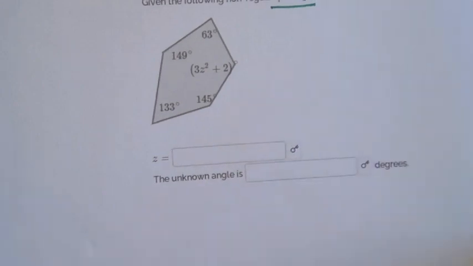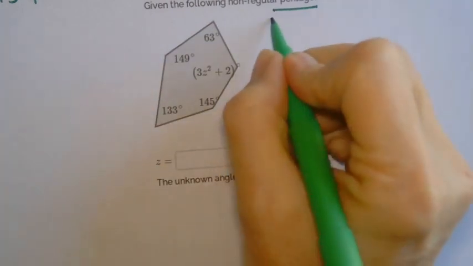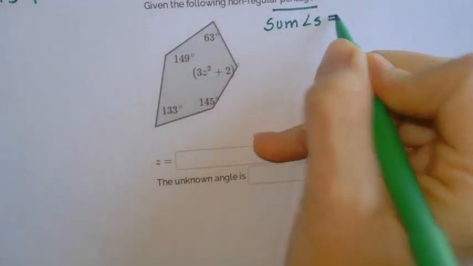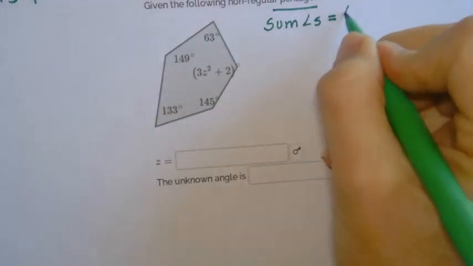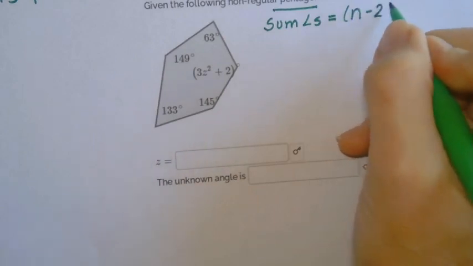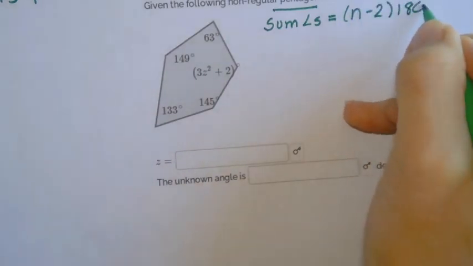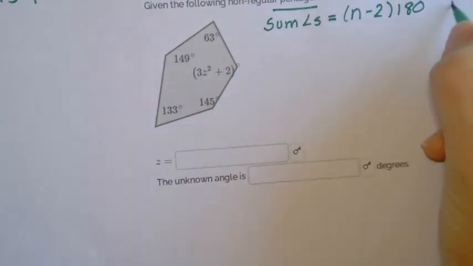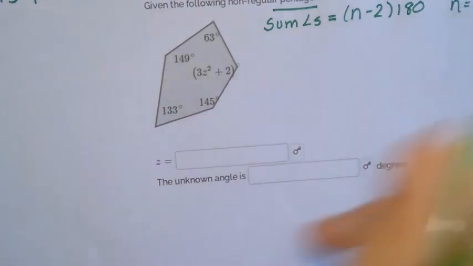So the first thing would be to, like up above, find the sum of all the interior angles. So the sum of our angles is equal to n minus 2 times 180. So here your n equals 5. Go ahead and finish that and tell me what you get for the sum of the angles here.